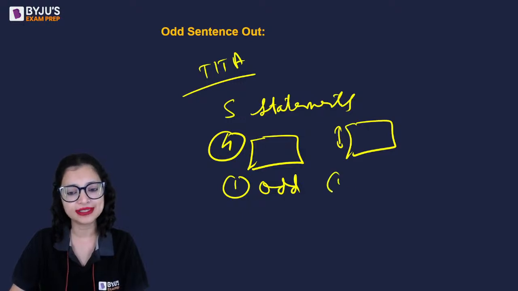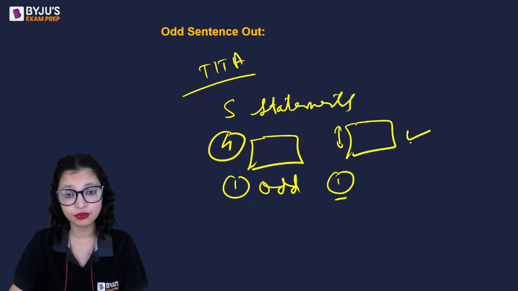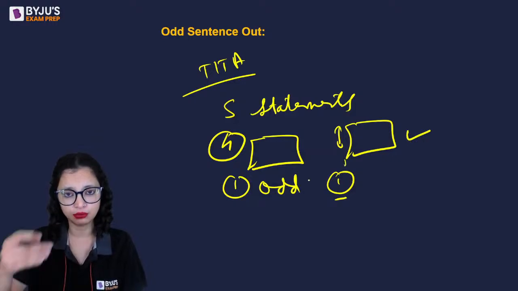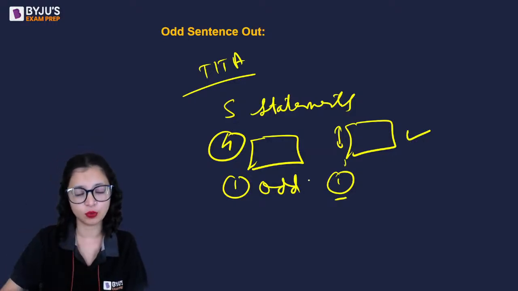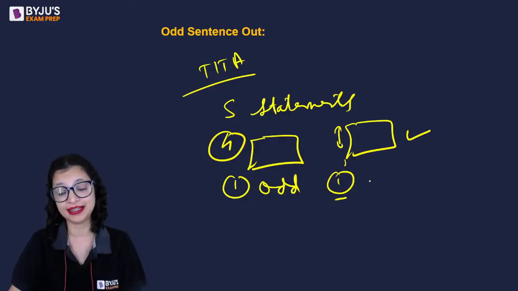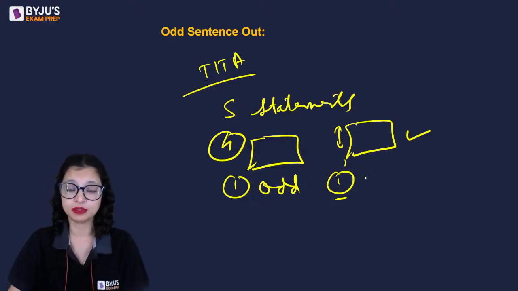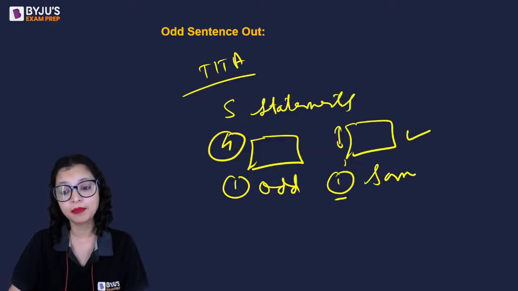And then 1 odd sentence that he picks up may be from the same paragraph, but somewhere lower, not in the same sequence, or very likely.